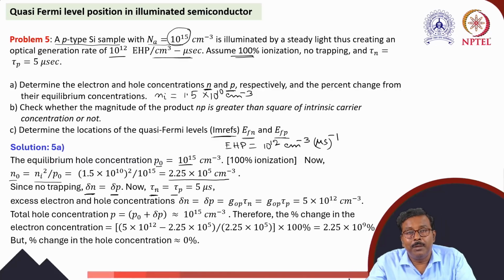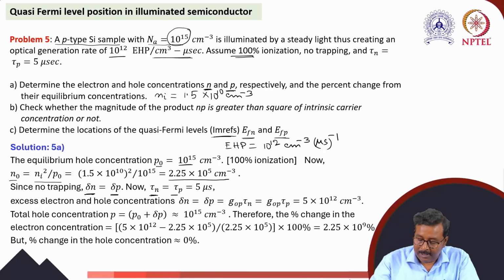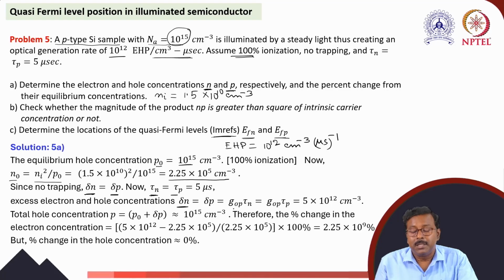Average carrier lifetime for electrons and for holes, both are 5 microseconds. In the last class, whatever formula we derived, delta N is G optical into tau N, or delta P is equal to G optical tau P. But here tau N and tau P are same, so obviously they will become same.